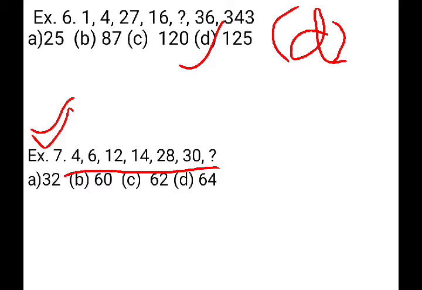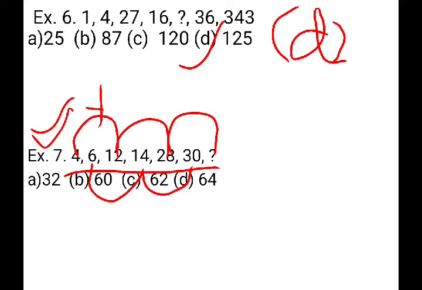Here the first series is 4, 12, 28 and the second is 6, 14, 30. For 4, 12, 28 and 6, 14, 30 we have plus 8, plus 16, plus 32.